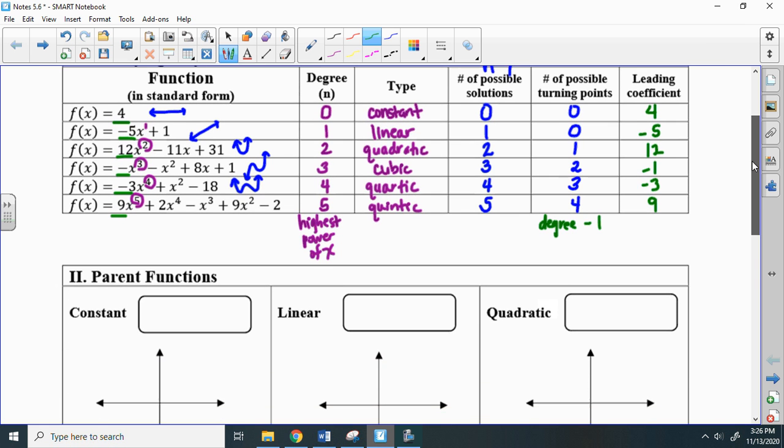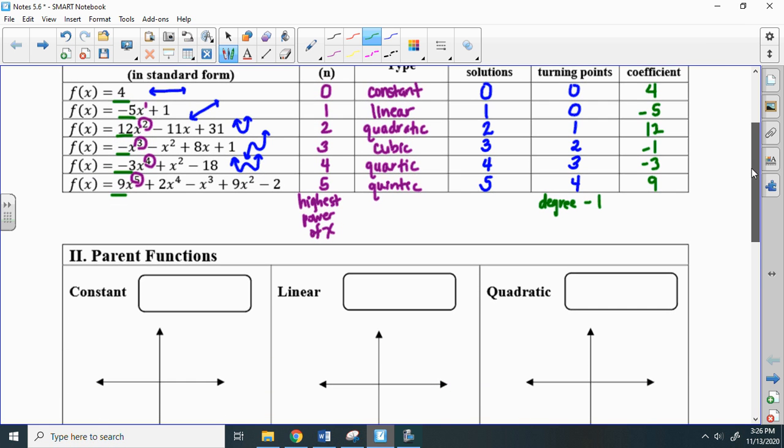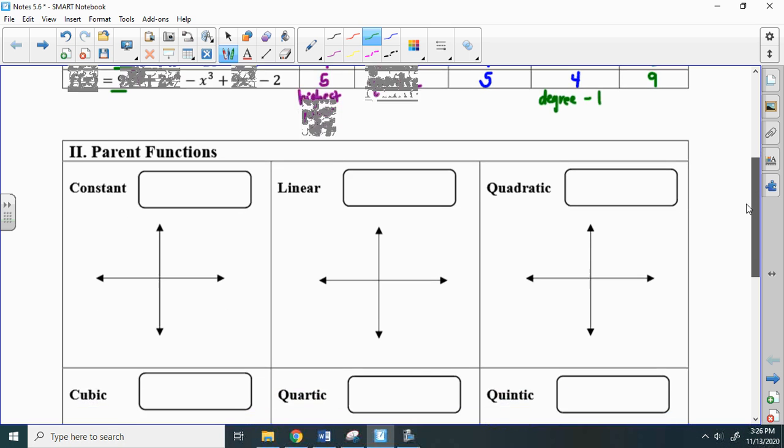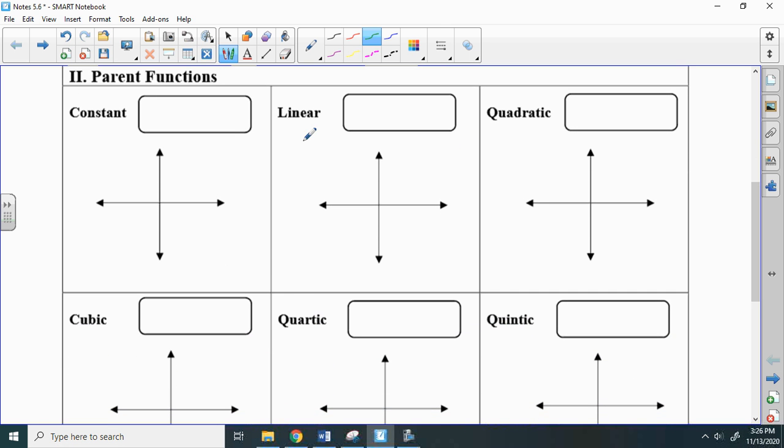Now let's refresh our memory on our parent functions for all of our polynomials at the same time. For a constant, your parent function is f of x equals c, and c is just a number.